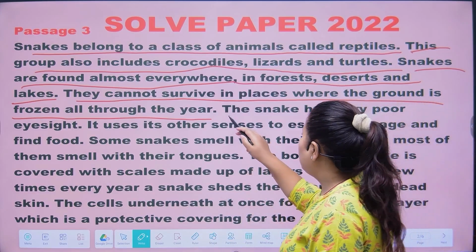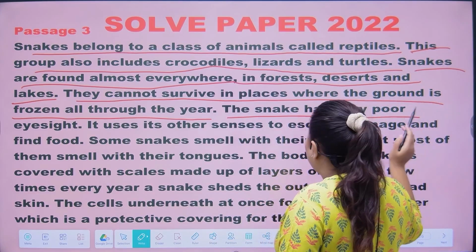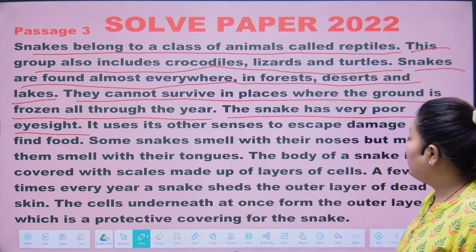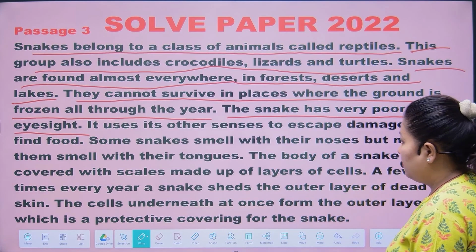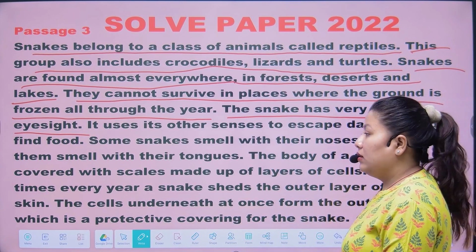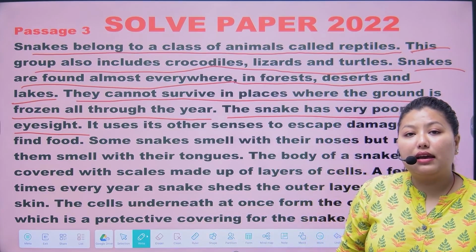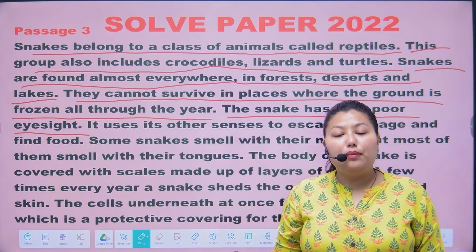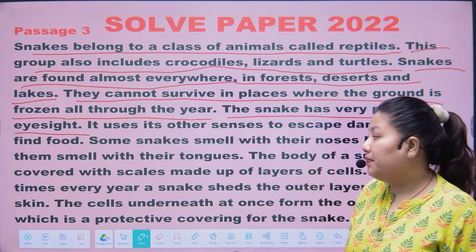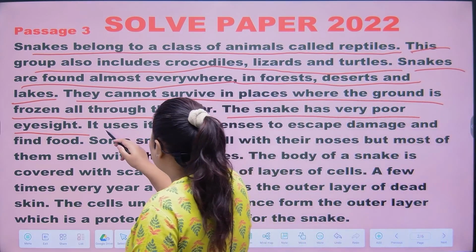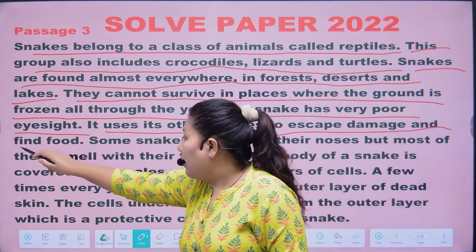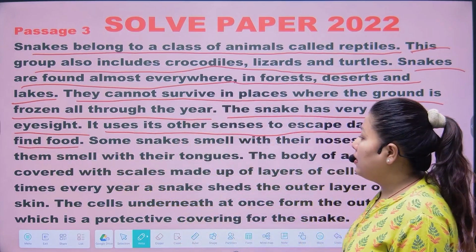The answer is, the snake has very poor eyesight. Next question: apart from eyesight, what kind of senses do snakes use to escape from danger and find food? Snakes use their other senses to escape from danger and find food.